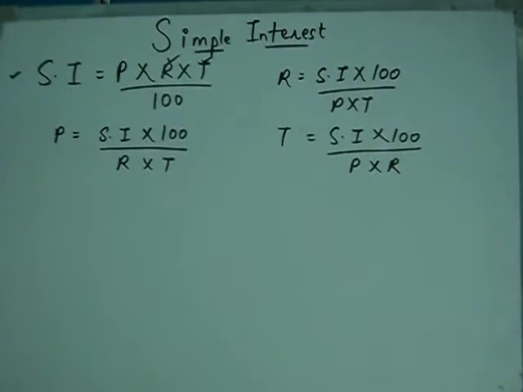These are the four formulas which we are going to use in our numerical problems, and we are also going to discuss some tricks which we'll use in various questions.